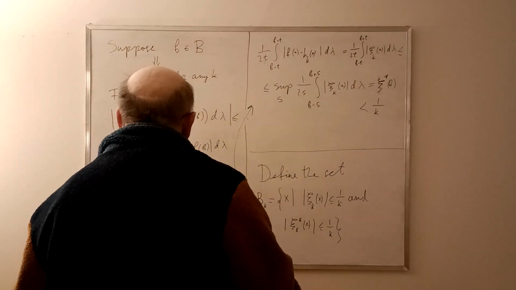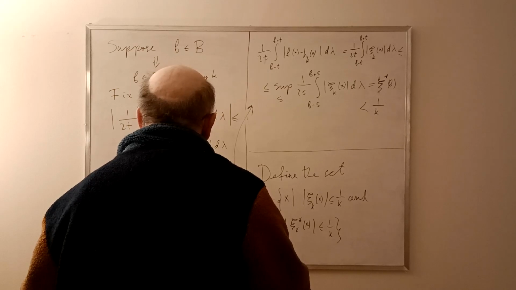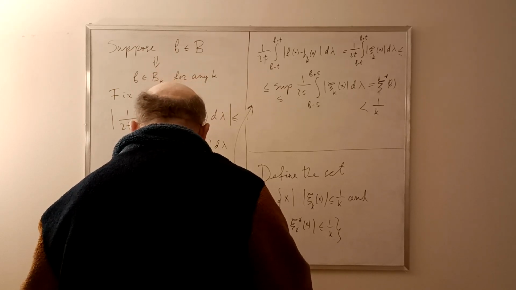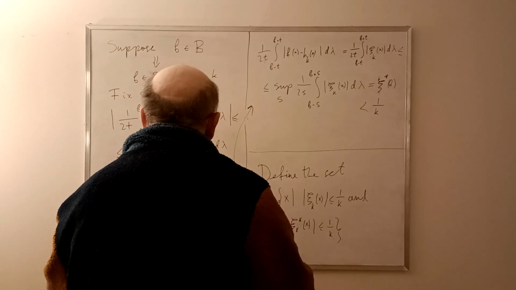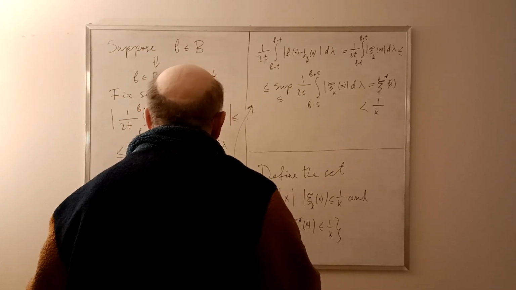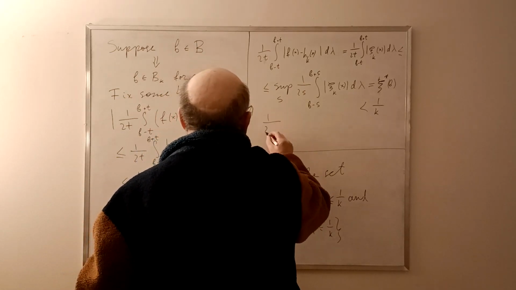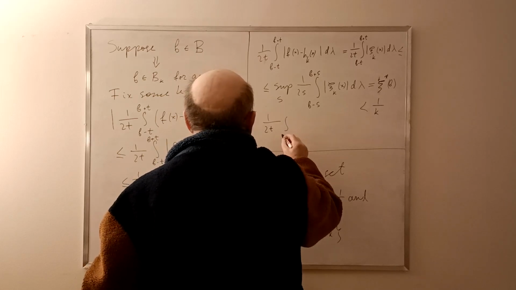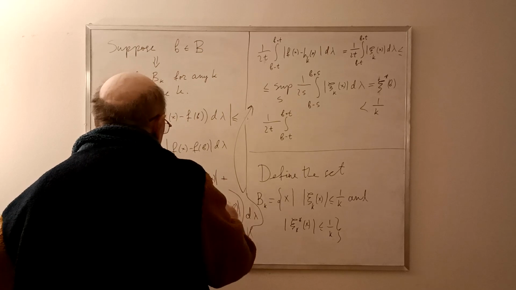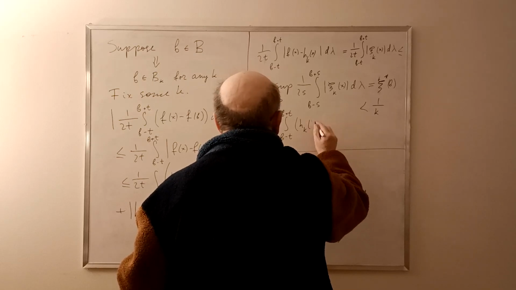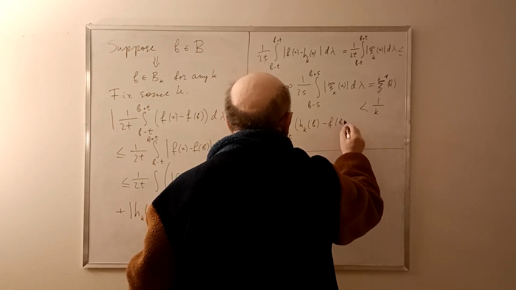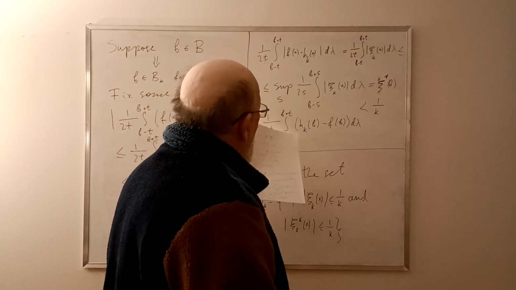Now the next term, hk of b minus f of b, 1 over 2t integral b minus t, b plus t, of this term hk of b minus f of b, d lambda, but it is a constant.